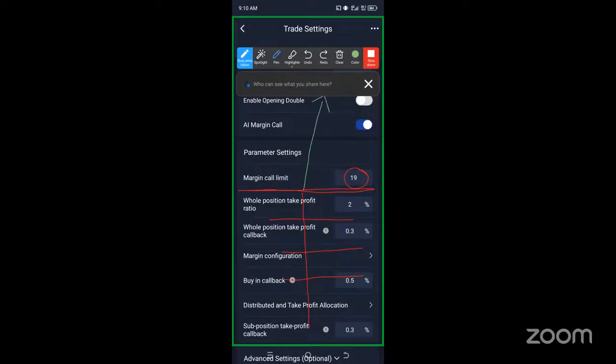When the market goes up, I said I need a profit of 2%. When it goes up to 2% here, it also has the possibility to go down, negative 2%.